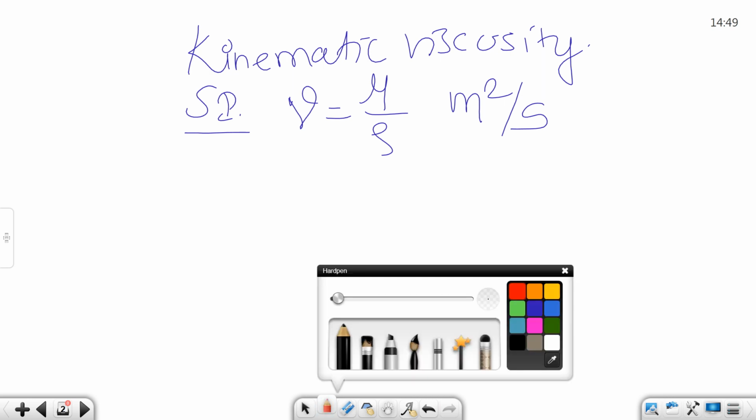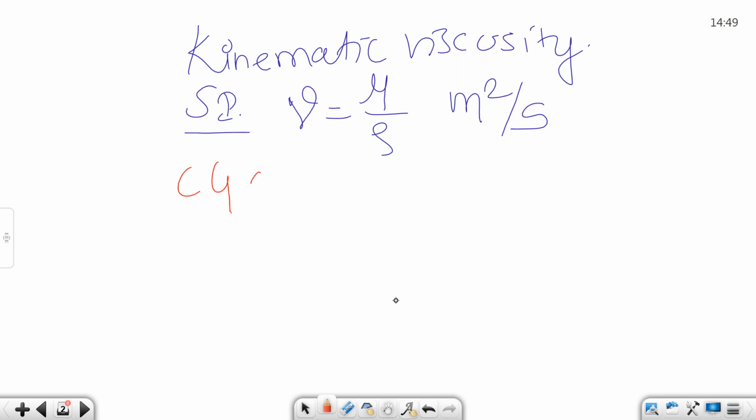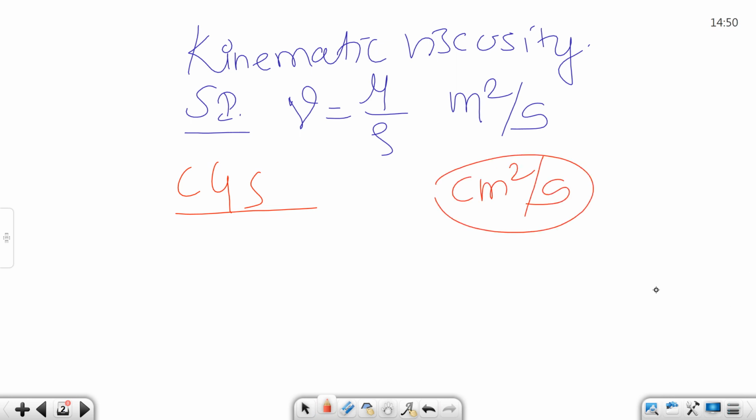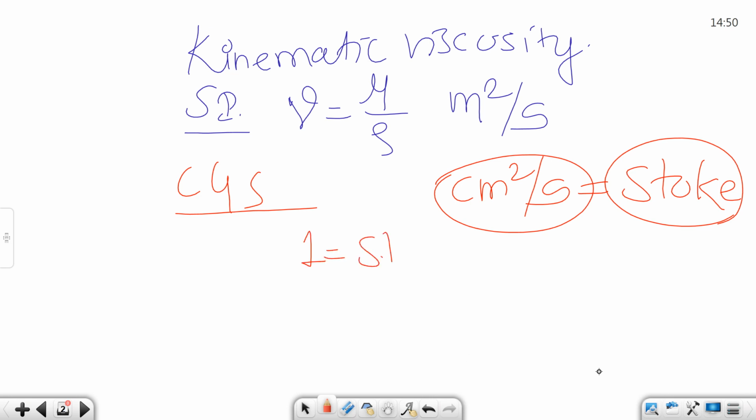Now another unit, the conversion in CGS, is simply centimeters square per second, which is represented as Stoke. Similar to poise, which we use for absolute or dynamic viscosity, for kinematic viscosity it is Stoke. So 1 Stoke is equal to 1 centimeter square per second.